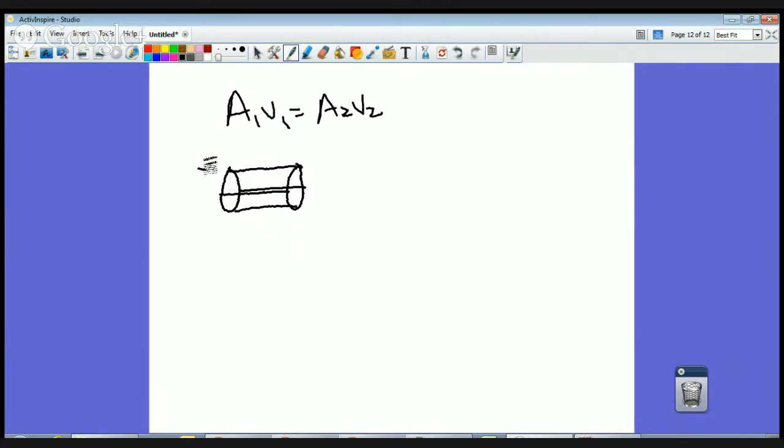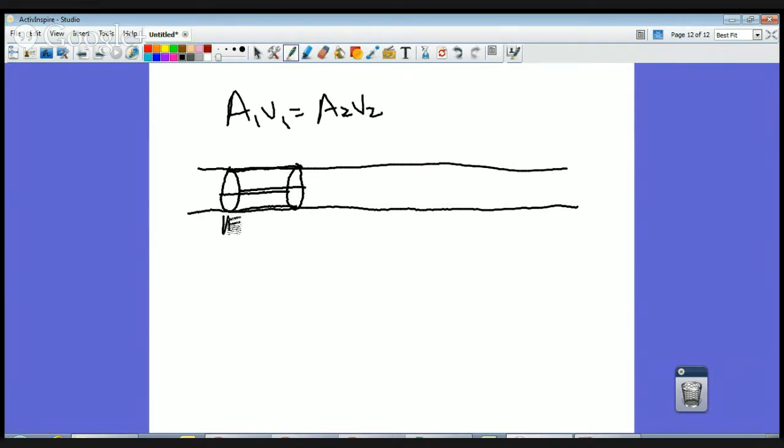So imagine that as part of a larger pipe. So this slug right here, that passes by a single point, so let's call this one point in the pipe. So that much stuff will pass that point every second. And that's what that means.